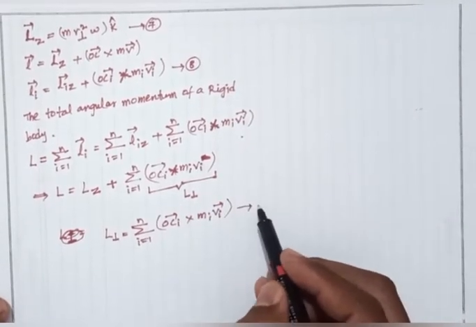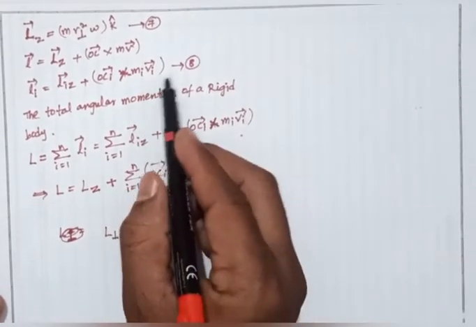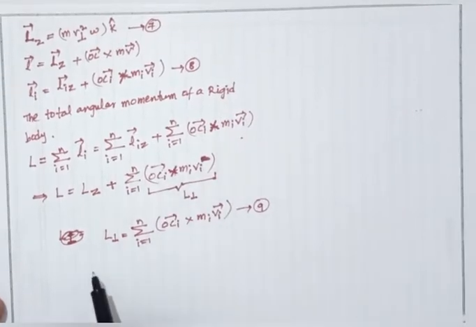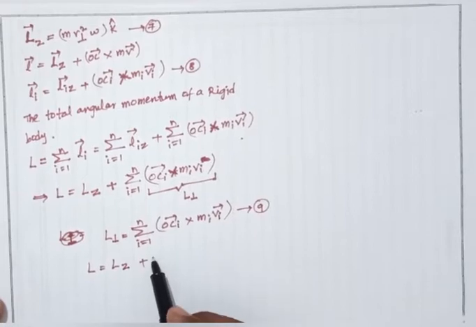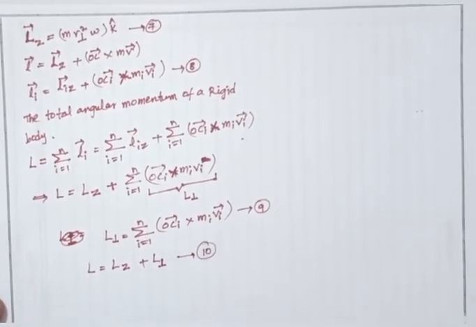This is equation number 9. Then, from equation 9, L equals Lz plus L perpendicular. This is equation number 10.